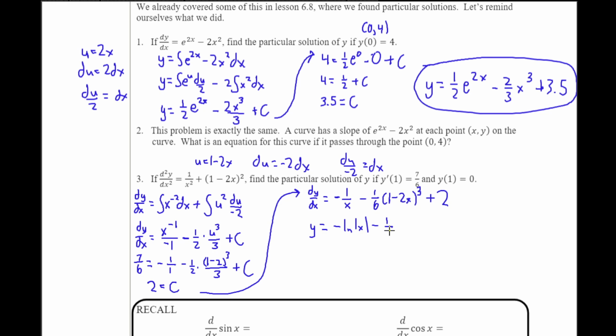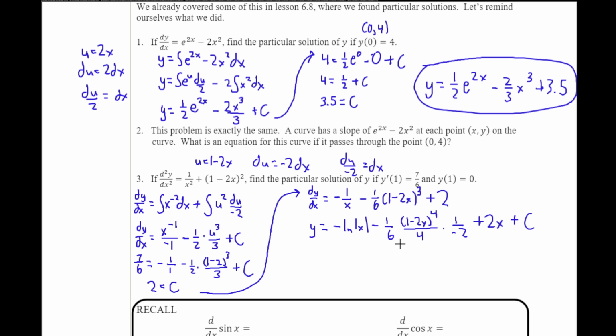You can try that on your own, but you should get 1/6 times (1 minus 2x) raised to the 4, over 4, but then you have to multiply by 1 over the derivative of 1 minus 2x, which is negative 2. Integral of 2 is just 2x, and then you add c.